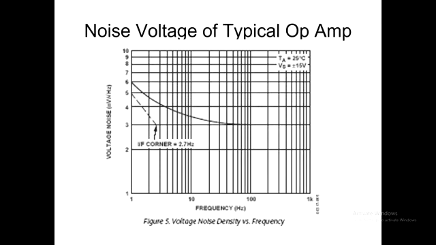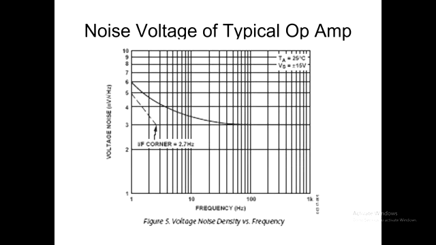So, typical op-amp noise voltages have a white noise floor value and a pink noise 1 on f type characteristic, and they parameterize it with a white noise floor level voltage and a corner frequency. And if you do that, then you've got the whole thing covered.